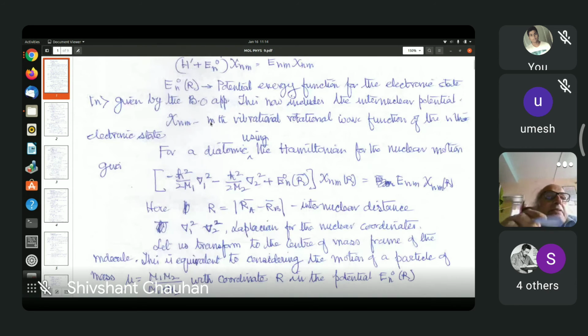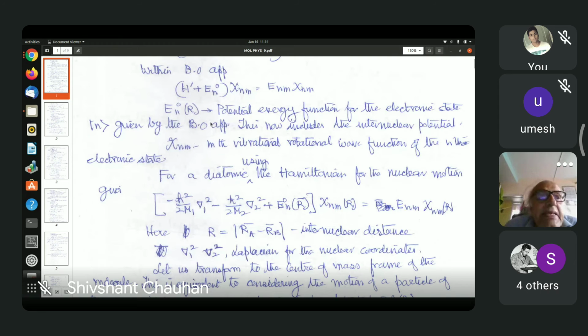So here, this En0 is just the Born-Oppenheimer electronic energy plus the internuclear repulsion energy. If we do not include the internuclear repulsion energy, we will not get a correct representation for the nuclear motion. So the Born-Oppenheimer electronic energy plus the internuclear repulsion energy acts as the potential energy function for the nuclear motion.